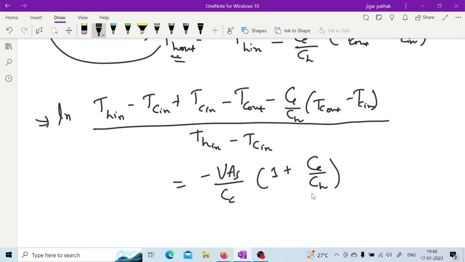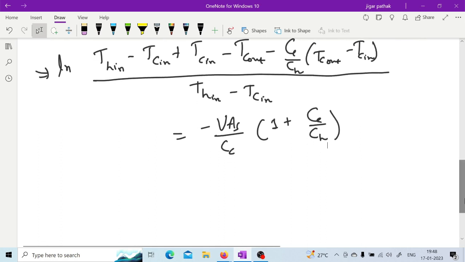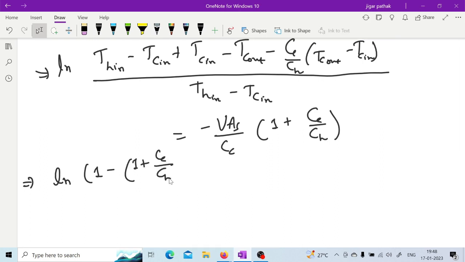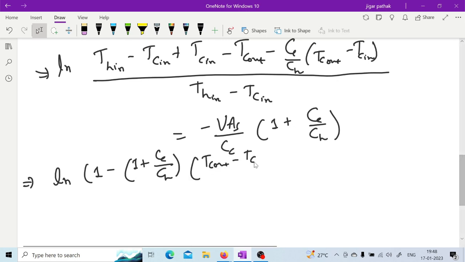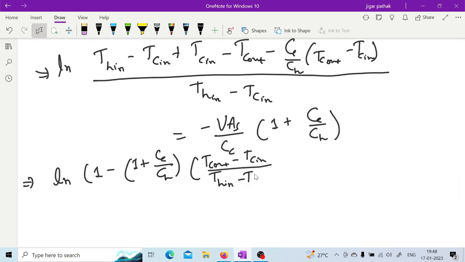Now if you further simplify this equation, it can be written as ln of [1 minus (1 plus Cc by Ch) (Tc out minus Tc in) upon (Th in minus Tc in)] equals minus UAs by Cc (1 plus Cc by Ch).